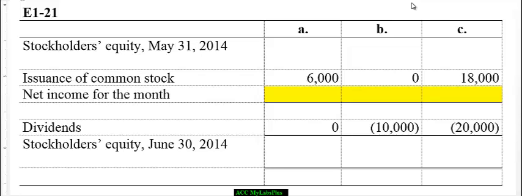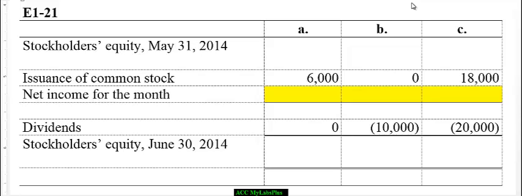And we can solve for the total equity by looking at our total assets, total liabilities, and knowing that total assets equals total liabilities plus equity. So if total assets for May 31st, 2014 is $177,000 and total liabilities for May 31st, 2014 is $122,000, then we know that the total equity is going to be the difference between total assets and total liabilities.